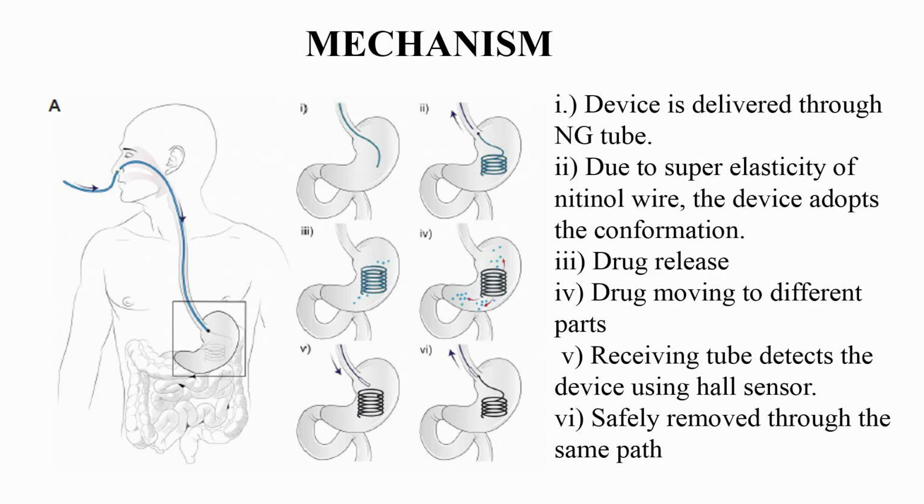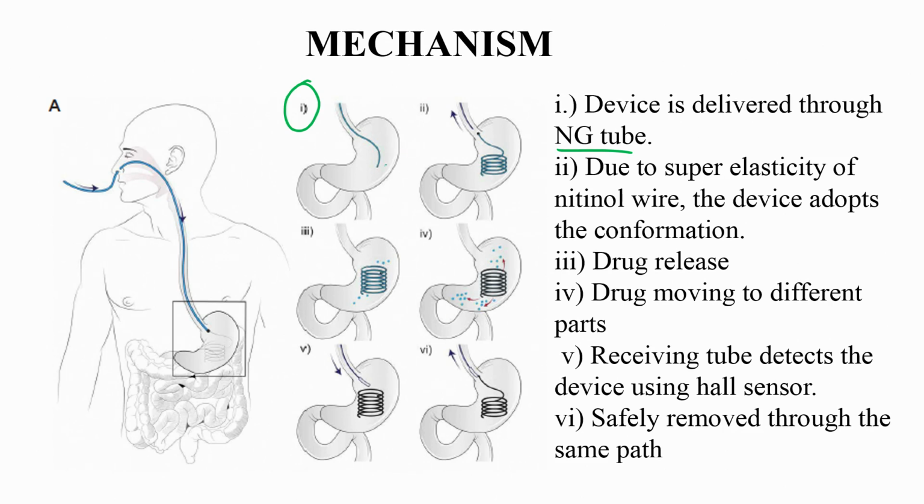And the whole vision for this is that the device will be delivered through an NG tube. So, through some nasal tube you thread the device through the oral route through the esophagus. Once the device reaches the stomach, the device at that particular environment will start to coil. So, as you can see, this is coiling.